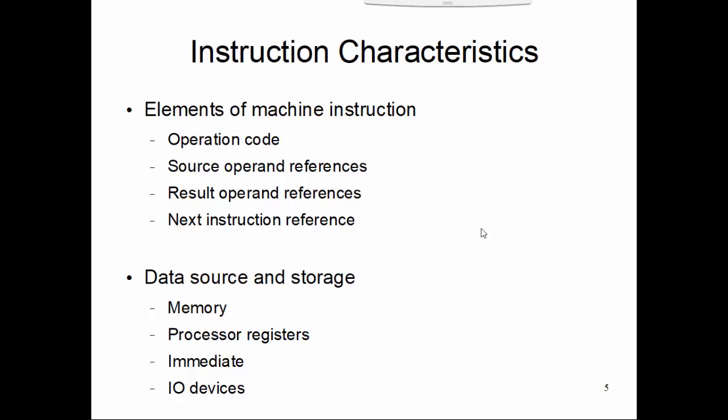That is another thing to consider. Then similarly, result operand references means whether my result is going to be stored in the register file or directly into the memory. Those kinds of discussions and decisions need to be made, and again, as I said, each of them has its pros and cons depending on what you are trying to do.